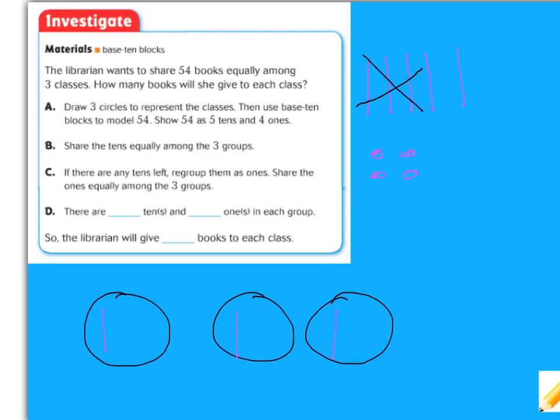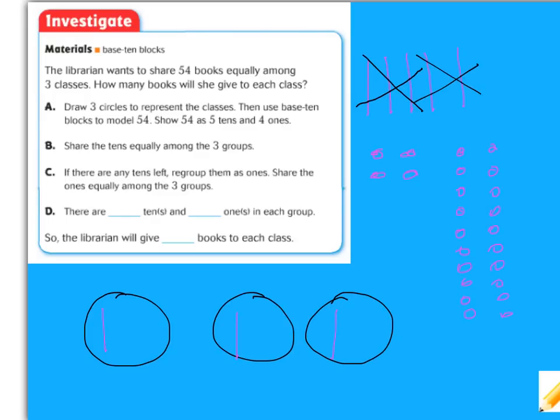That is not enough for each class to have another set of 10s. Therefore, I must break these 10s into more 1s. So now I will have 1, 2, 3, 4, 5, 6, 7, 8, 9, 10, 11, 12, 13, 14, 15, 16, 17, 18, 19, 20.